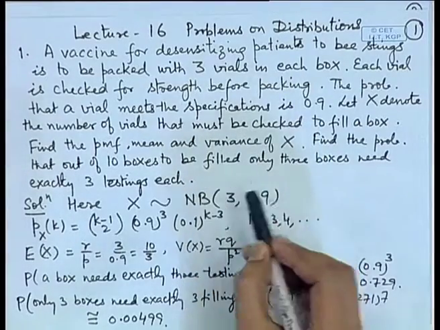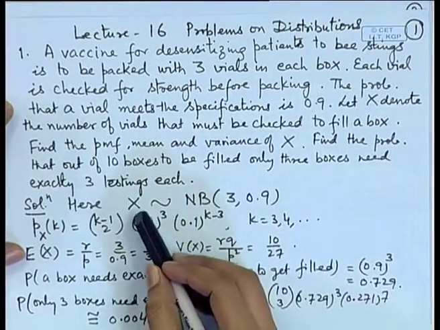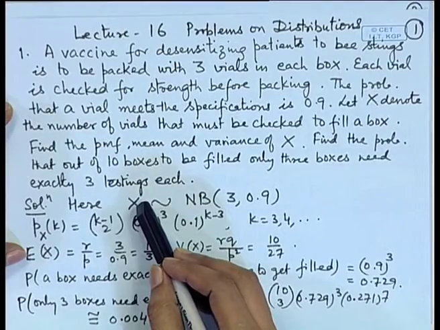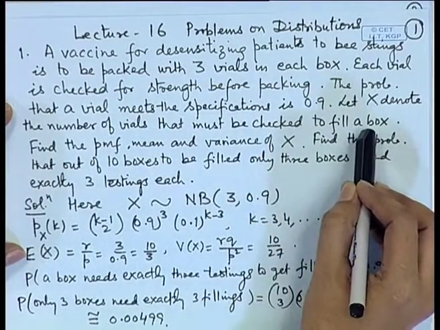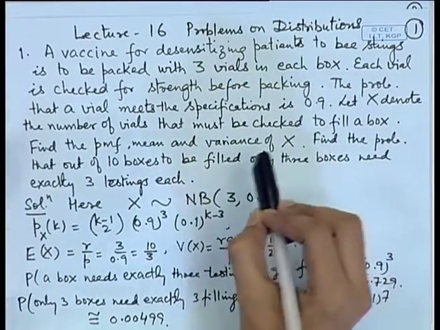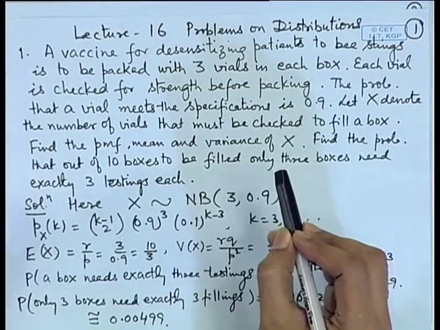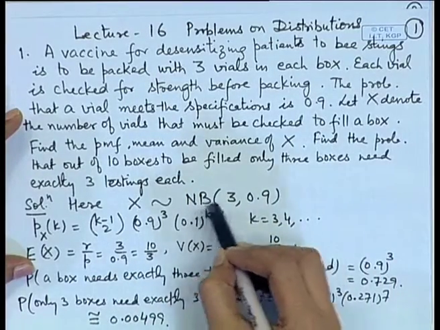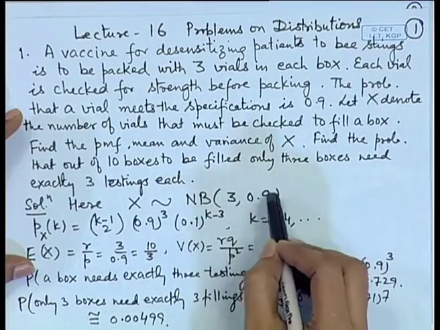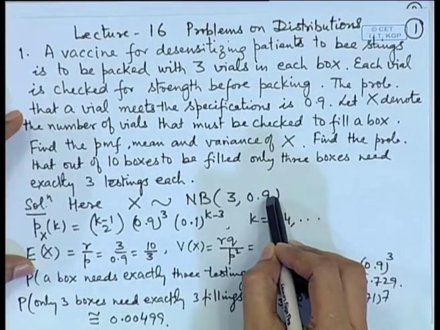So, this is negative binomial sampling. Therefore, if we consider x as the number of vials needed to fill a box, that means the first time 3 vials are correctly meeting the specification, then the distribution of x is negative binomial with r equal to 3 and p equal to 0.9.